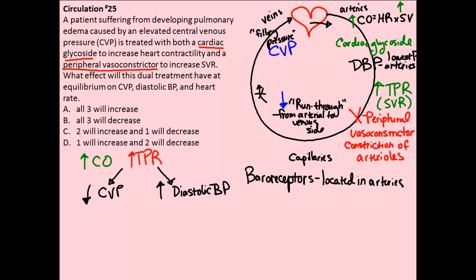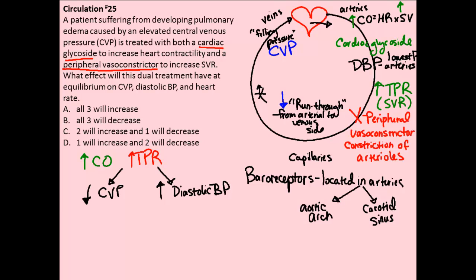We saw that the two main locations would be in the aortic arch and the carotid sinus. And we've already seen that all of those arterial pressures are high because we've increased cardiac output and at the same time increased our TPR.